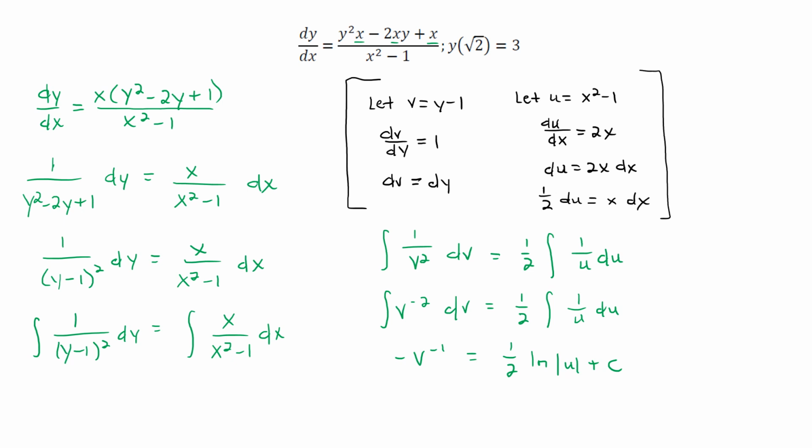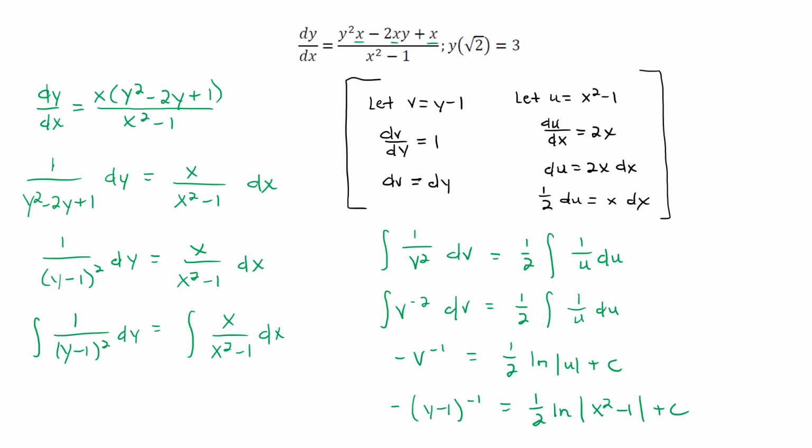Okay, so next I'm going to resubstitute in my original expression. So I know what v is, so that's negative y minus 1 to the -1. And the natural log u is x squared minus 1 plus c. Okay, so now my goal is to get y by itself.